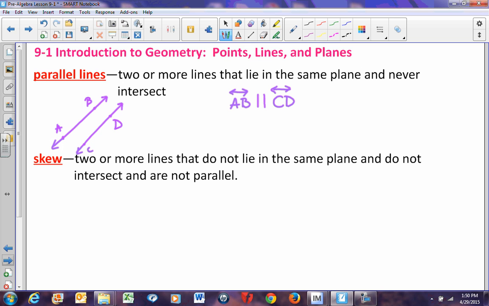This right here is the symbol for parallel. On my picture, if I want to show you something as parallel, I give it the same number of arrowheads through it. Now I know that line AB is parallel to CB without having to write it out in words, because I showed you in pictures that they both have two little arrowheads going through them, which means they are parallel.